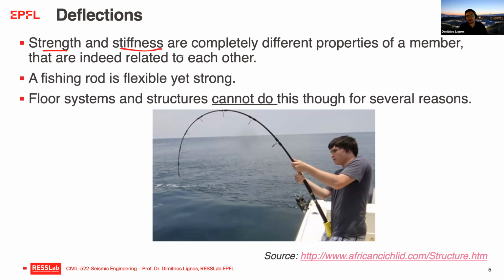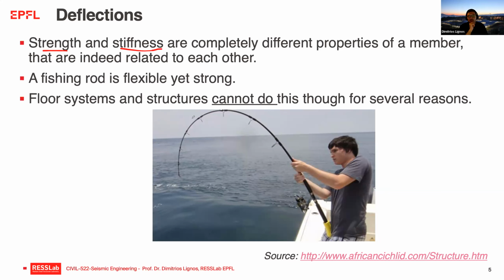And strength and stiffness are completely different properties of a member that are indeed related to each other. Because if, for instance, you try to increase the stiffness of a member by changing the geometry and trying to increase, for instance, the moment of inertia, that will also have an effect on strength. But as properties, these are two different properties, one affecting deflection, the other essentially relating to strength.